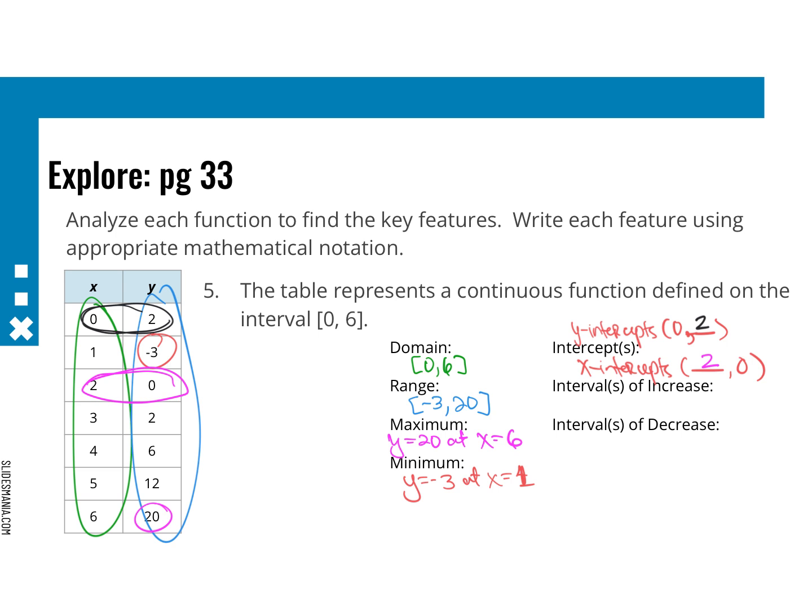And then where is it increasing? It will increase from 1 all the way up to 6, so this whole entire thing is increasing. So we're going to say 1, and I'm going to put a parenthesis there because I don't know where it changes around 1, but I do know it goes all the way up to 6, and I'm going to put a bracket.